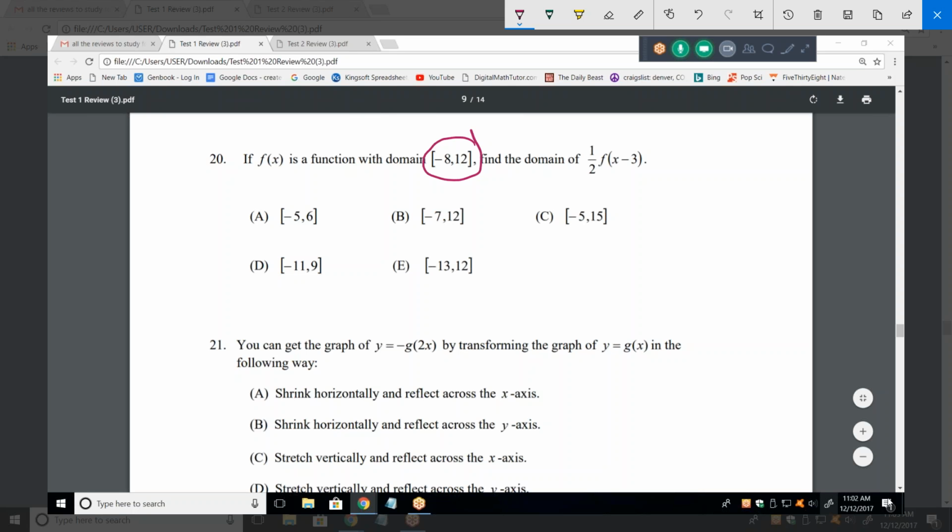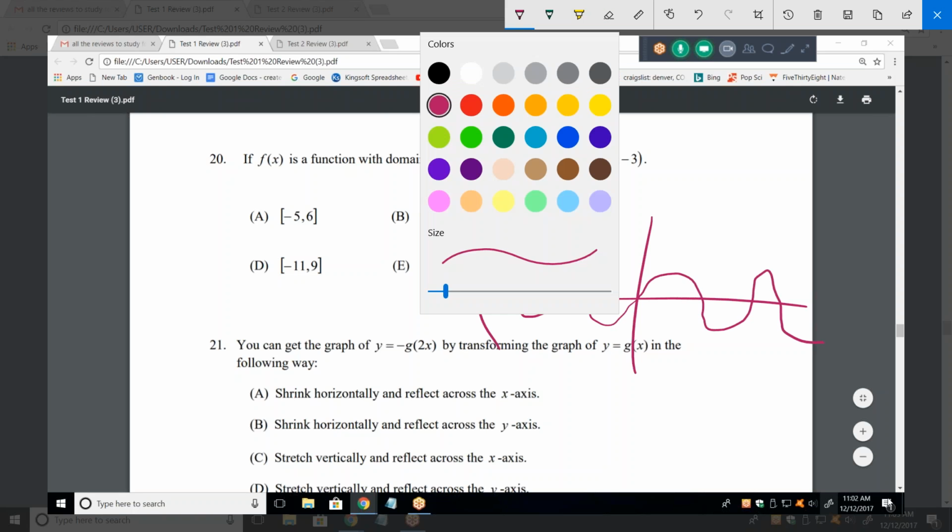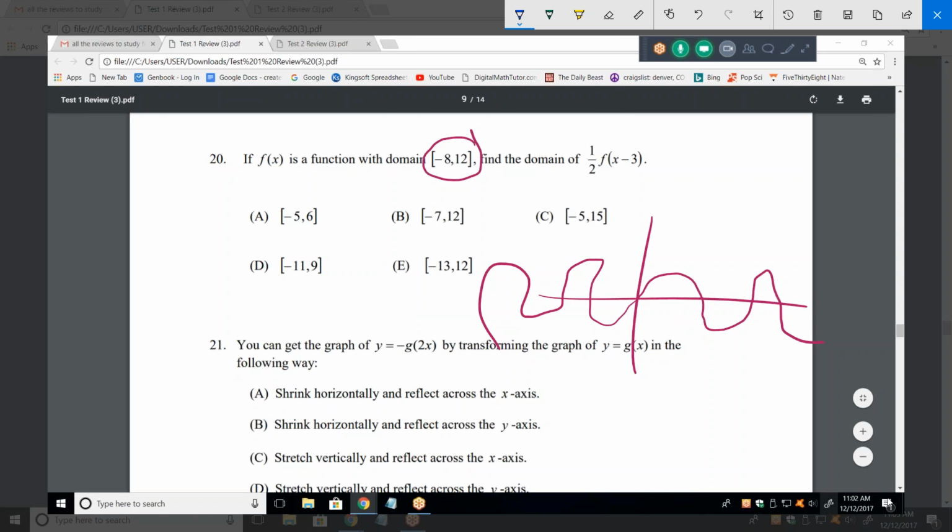In other words, if I have a function like this, and I take half of that function, notice that that does not affect the domain at all.